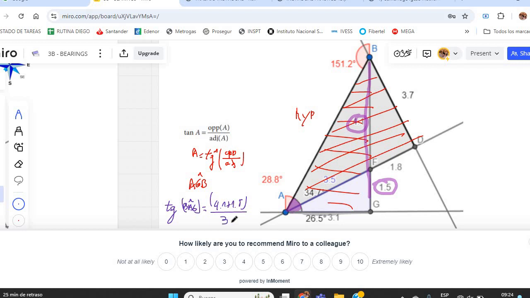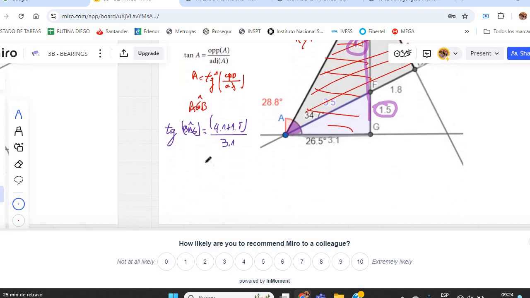Now you do the shift tangent of this value. BAC equals tangent inverse of 5.6 divided by 3.1. This angle should be, if I'm not mistaken, 34.7 degrees.